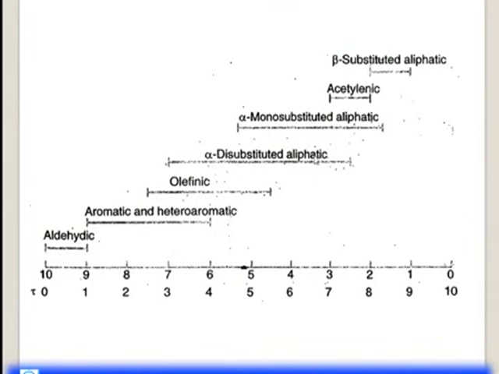For alpha disubstituted aliphatic protons, the range is from 2.5 to 7 approximately. For alpha monosubstituted aliphatic protons, it is the range from 1.5 to 5.5. For acetylenic protons, this value comes in the range of 2 to 3 in terms of delta values. For beta substituted aliphatic protons, 1 to 2 in terms of delta, and you can also calculate the values in terms of tau, because the delta value is equal to 10 minus tau.